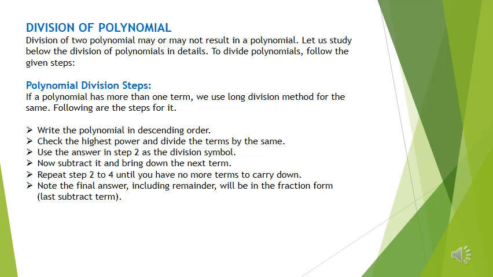Then check its highest power and divide according to its highest power by its divisor. Now perform the same step till your remainder becomes less than its divisor. Now note the final answer as a quotient, including the remainder in fractional form. These are the steps which we have to follow for performing division of polynomials.